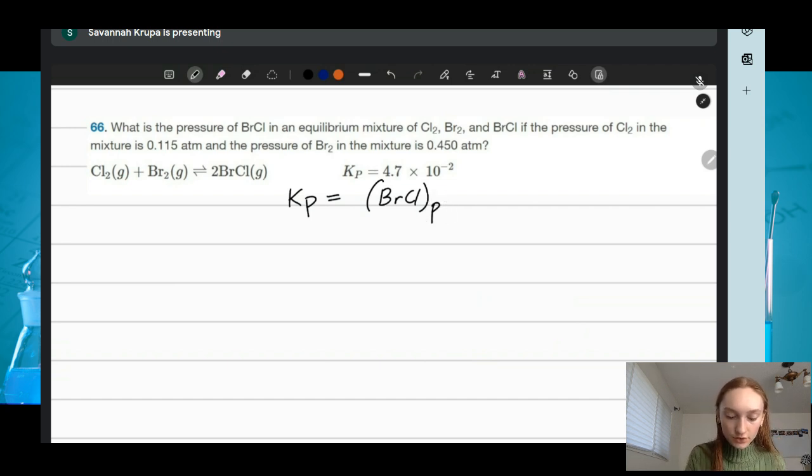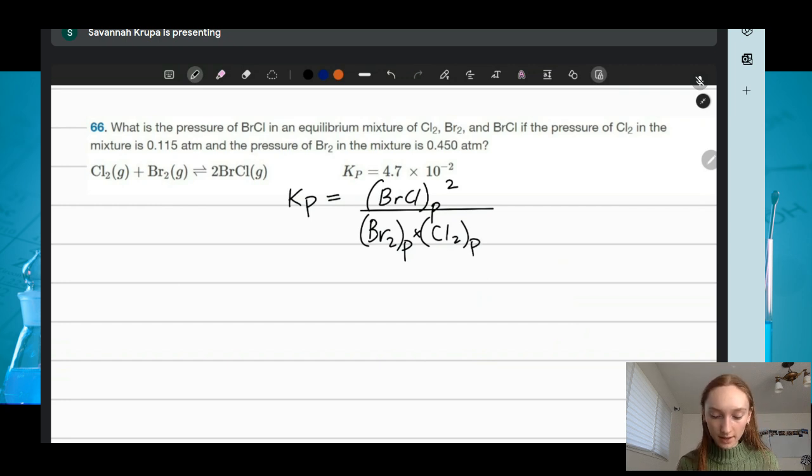And it has a 2 coefficient, so we will raise this to the power of 2. And then we are going to divide by the reactants. So the reactants are Br2 and Cl2. And they don't have any coefficients to them, so we don't have to raise them to any power. Okay, so that is the equation set up.